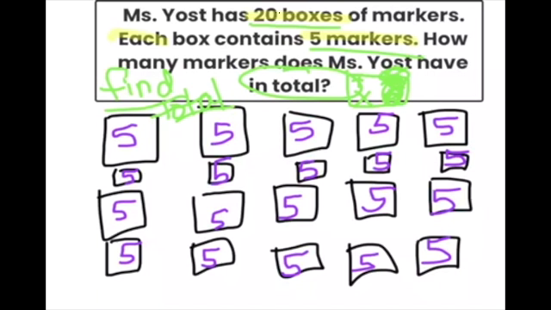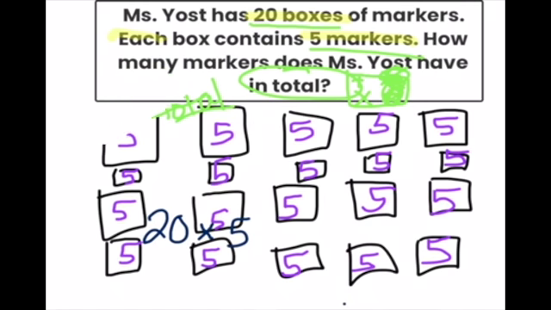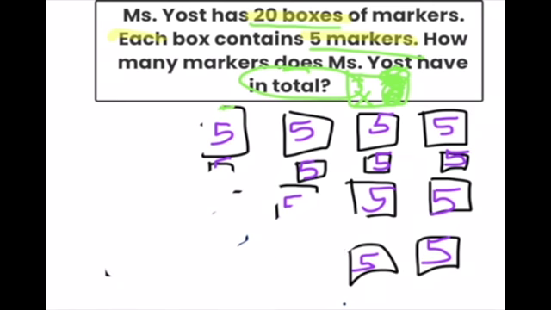I have all these 5s I could add together, or I could multiply because I have 20 5s. So that would be the same as saying 20 times 5. So how could I figure that out? Well, of course, I could count all my 5s.